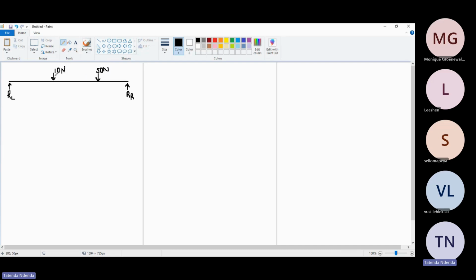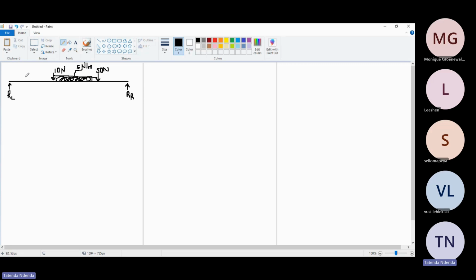Then in between here I'm going to put a normal distributed load. Sometimes it's represented by something like this. Then they'll put something and say 5 newtons per meter.